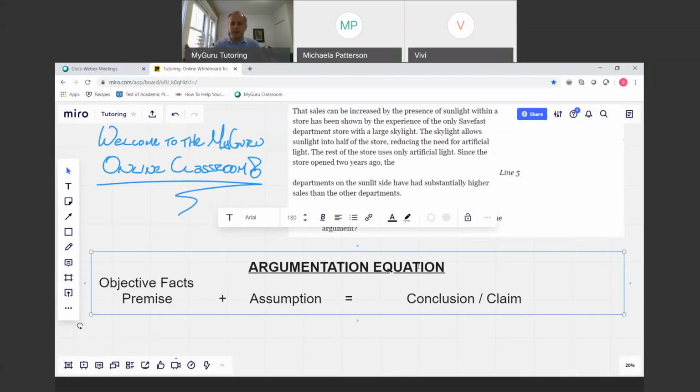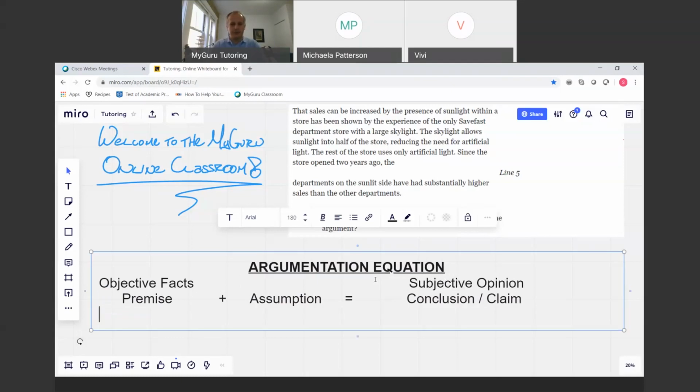Now, your conclusion or claim is going to be the subjective opinion, and so it's the thing that requires additional support. The premise provides support, and your conclusion or claim is what requires support.